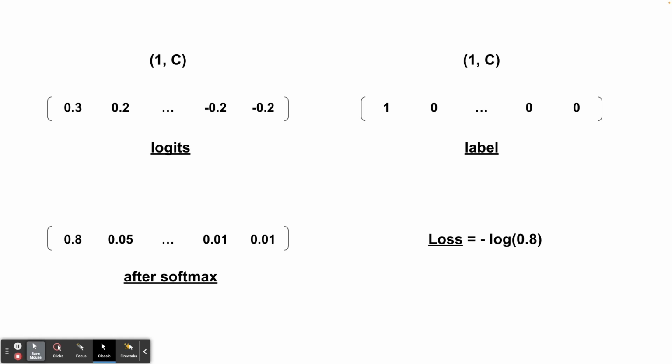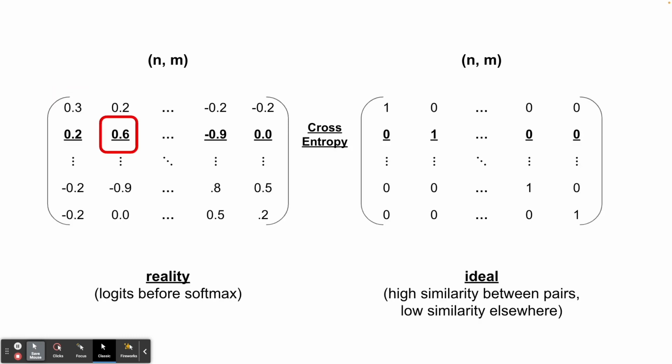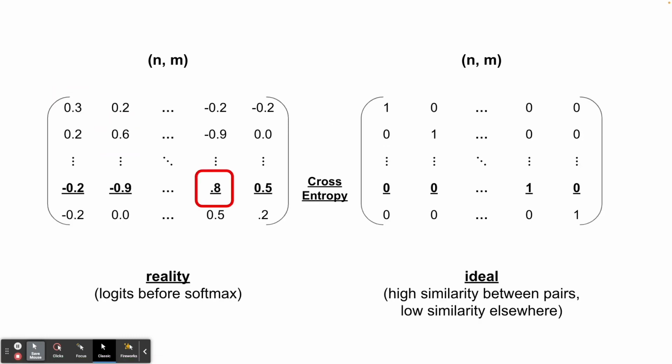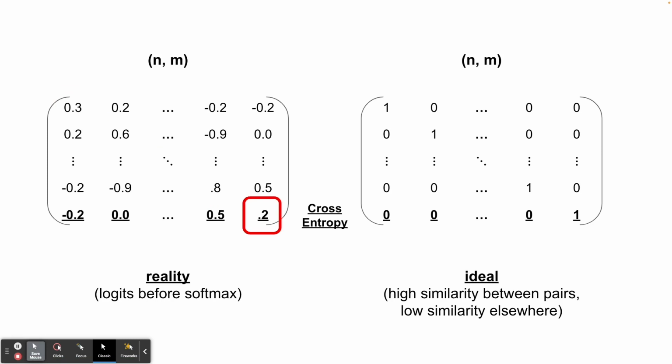So for row 0 it'll be 0, row 1 it'll be 1, row 2 it'll be 2. Then you'll just use regular cross entropy to calculate the loss. You'll do that at each row, average all those together, and that will be the loss that you use.